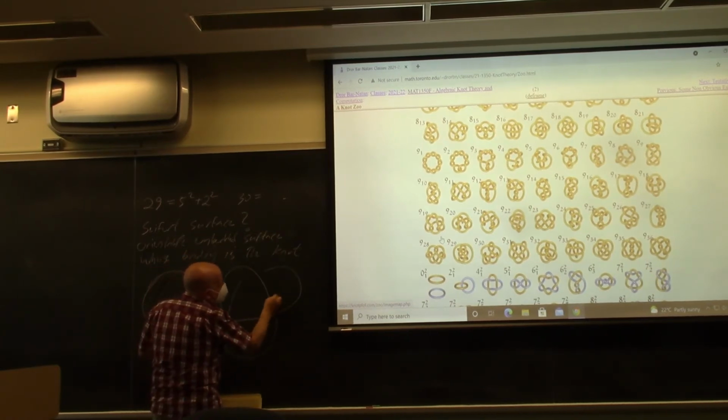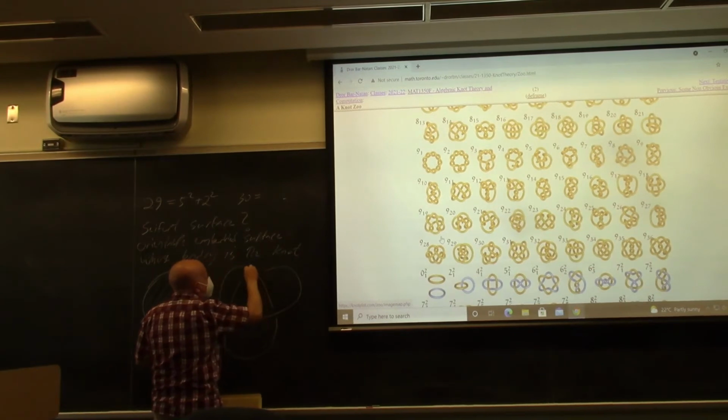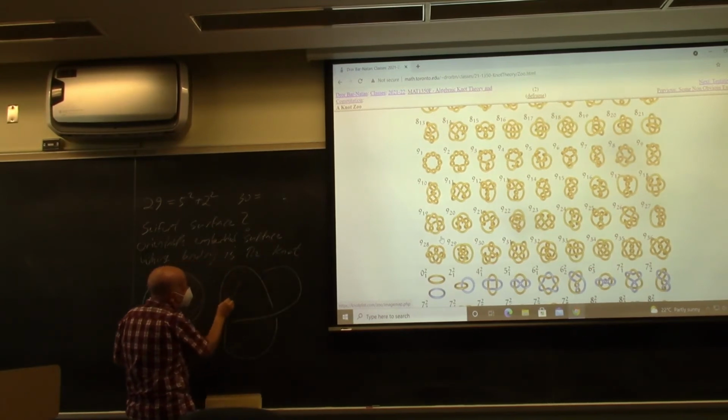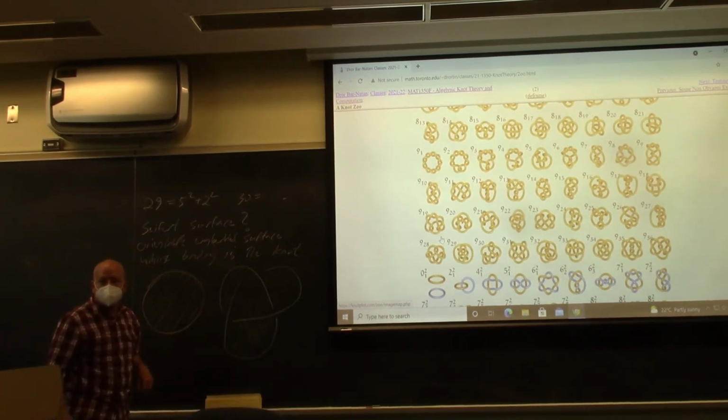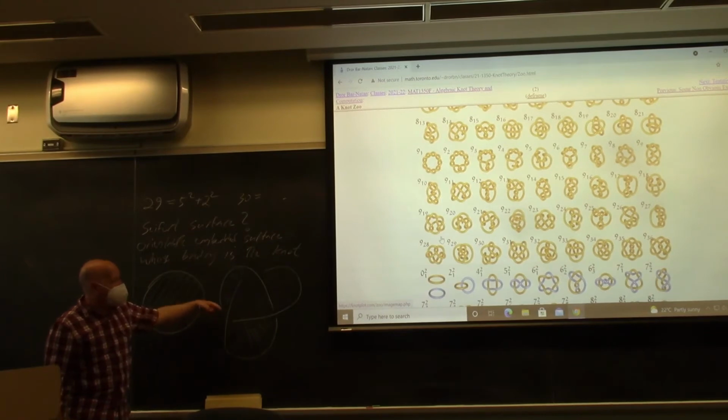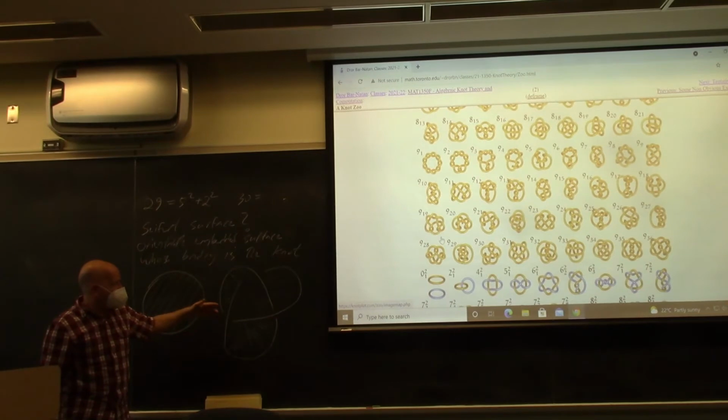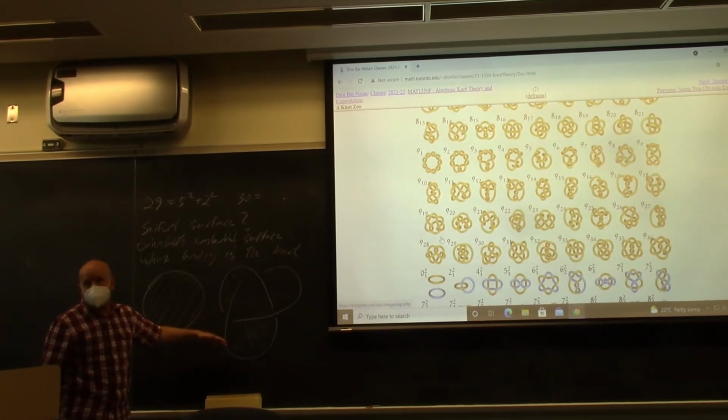So here is the band. Now it gets twisted and it continues this way after the twist, and then it gets twisted again, it continues again and gets glued to itself. So it looks like the trefoil is the boundary of a 2D surface.